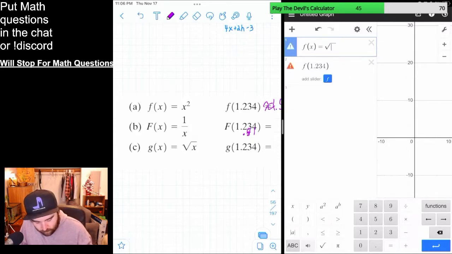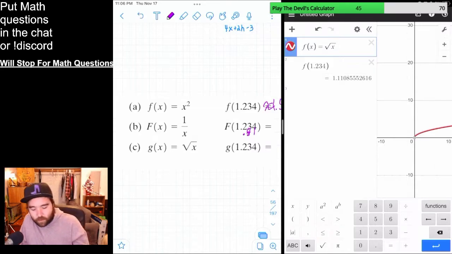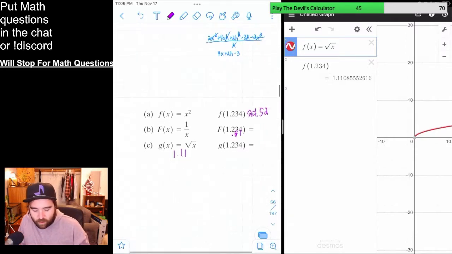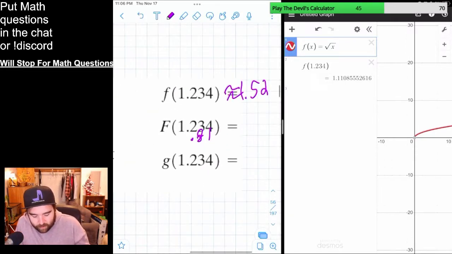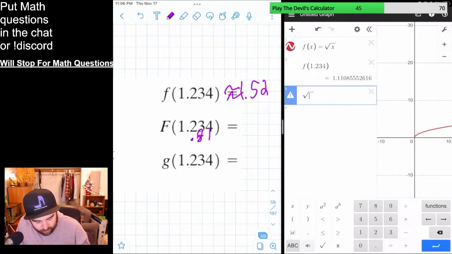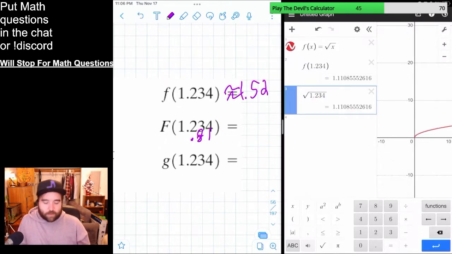If we were to do the square root of x, that's also 1.11. So fractional exponents are square roots, negative exponents are fractions. And either way, it just means make x equal to that. So you see we're doing the same thing as if we did the square root of 1.234. Desmos is just making the notation and the typing easier for us.